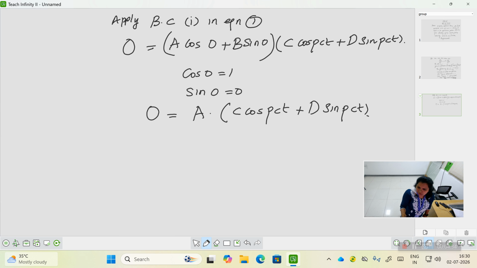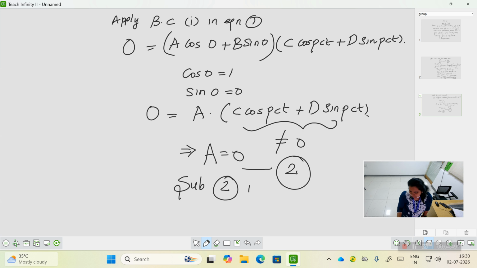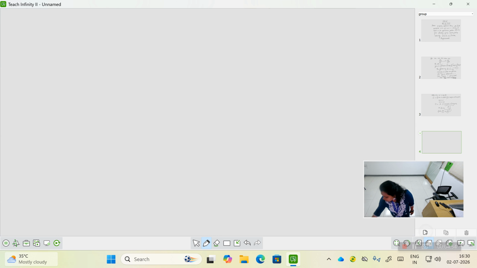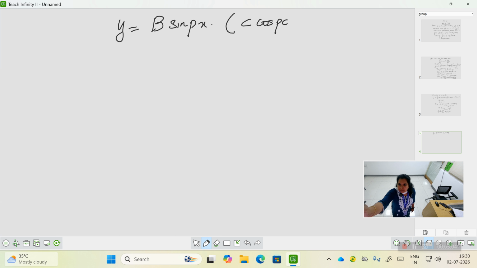As you know, one should be non-zero, another should be 0. So this is non-zero. So automatically you get a equal to 0. Take it as equation number 2. Substitute 2 in 1. So what do you get? We have eliminated one constant. So y is equal to b sin px into c cos pct plus d sin pct. Take it as equation number 3.